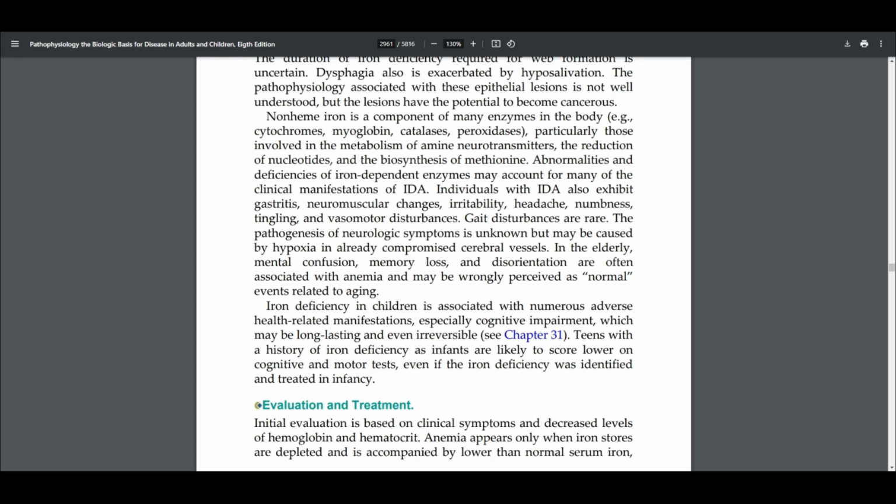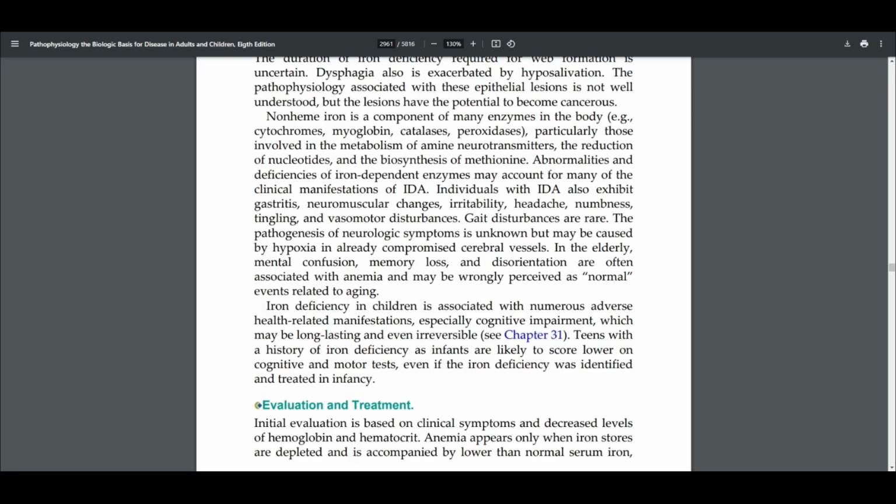Individuals with IDA also exhibit gastritis, neuromuscular changes, irritability, headaches, numbness, tingling, and vasomotor disturbances. Gait disturbances are usually rare. The pathogenesis of neurologic symptoms is unknown, but may be caused by hypoxia in already compromised cerebral vessels.